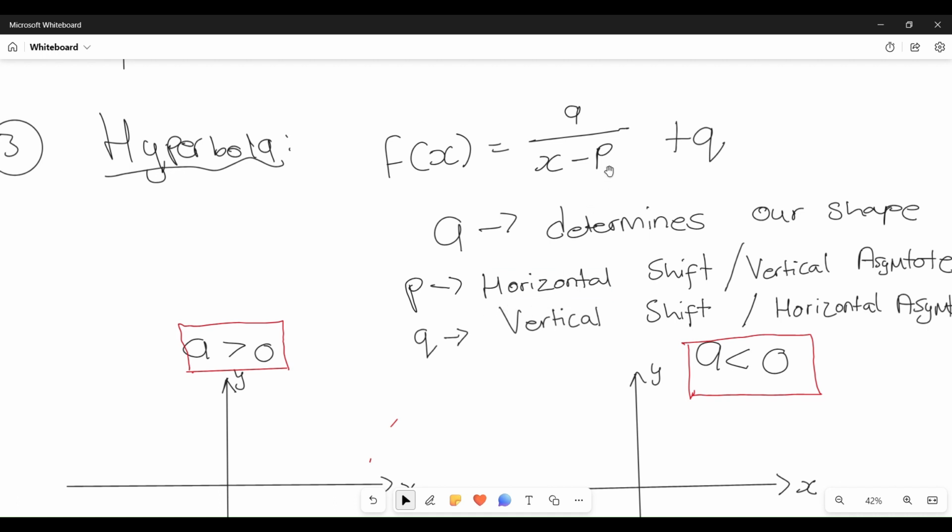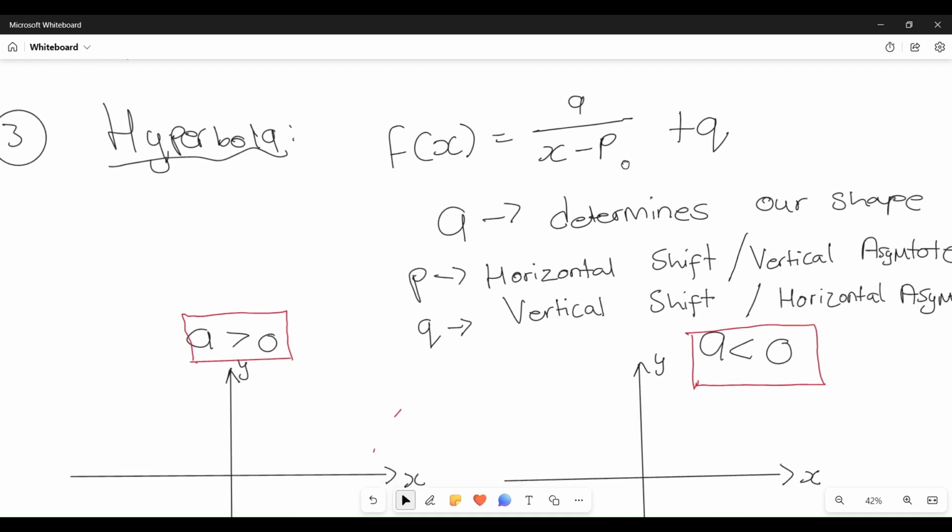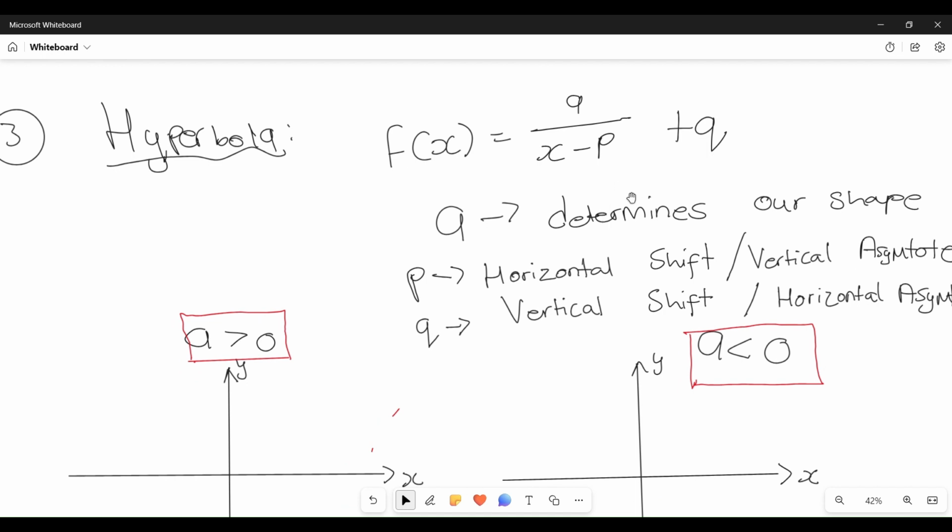Then p is our horizontal shift, or it is our vertical asymptote.